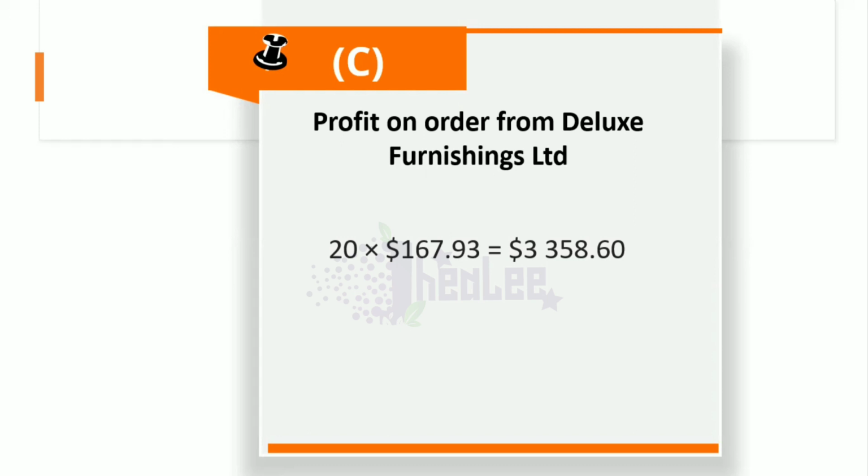And having done that, you are presented with a scenario where 20 tables are ordered and you're asked to calculate the profit to be made from those 20 tables. Remember, to calculate that is the number of items within the order multiplied by the profit, which is the markup to be generated from one item, and that would give you the total profit to be made from that order, if that order is taken up by Sophia.